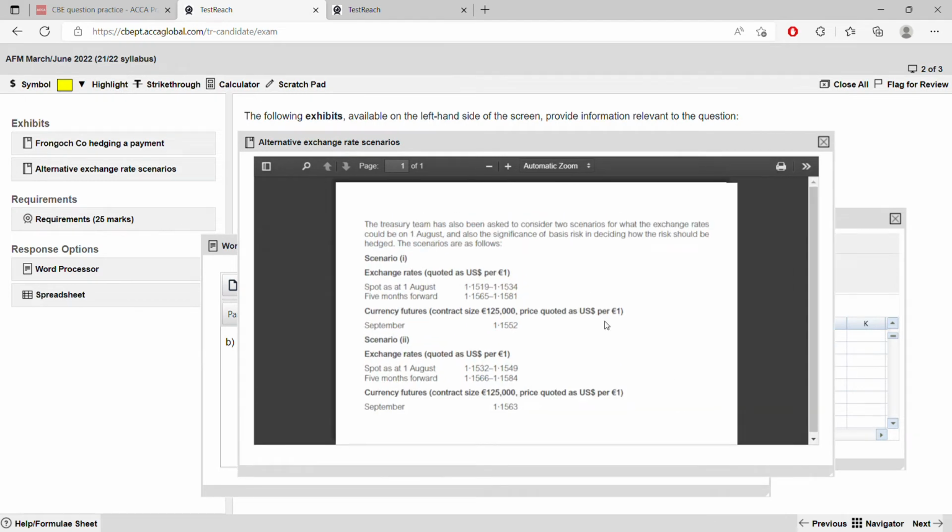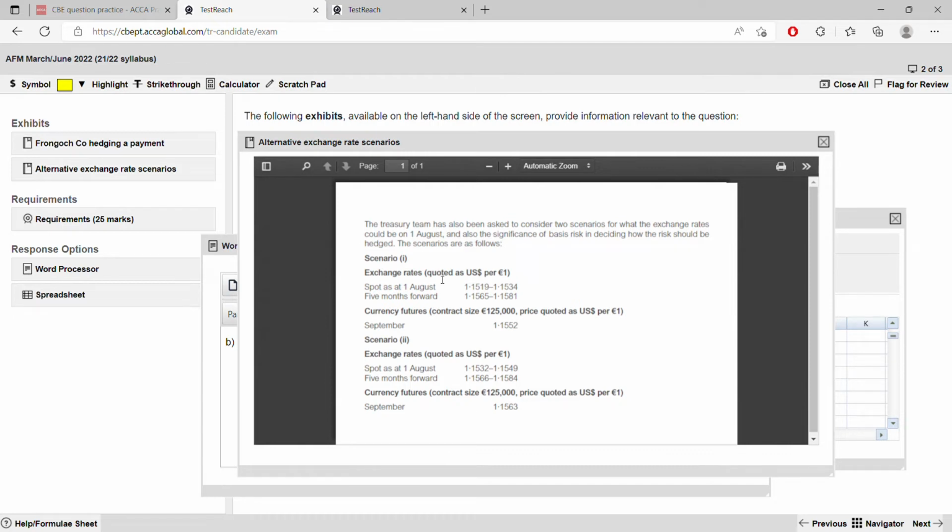So if you see exhibit 2, prices are changed. Everything remains the same. But here, this is scenario 1, this is scenario 2. So based on this, evaluate.